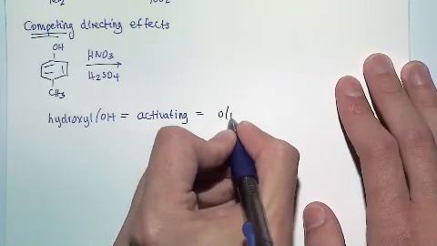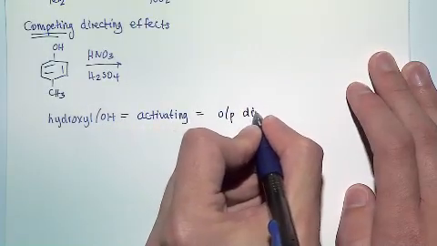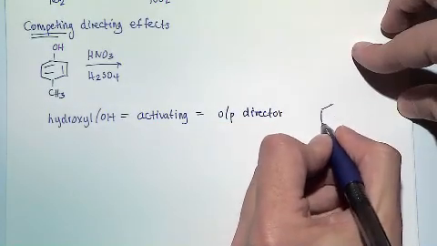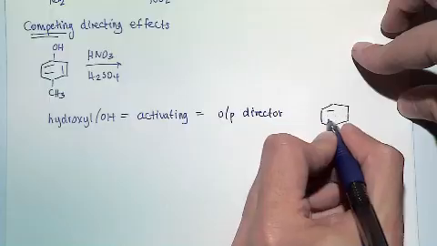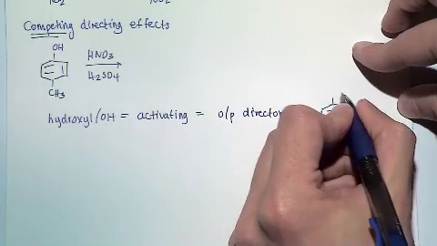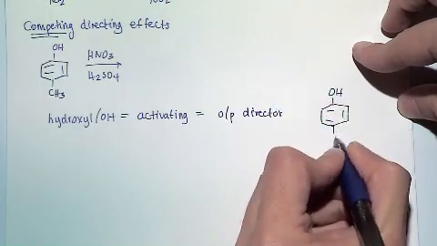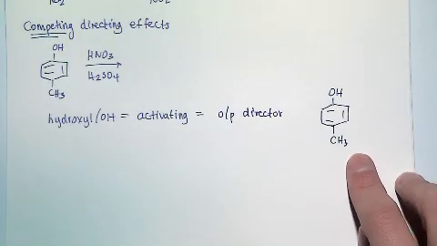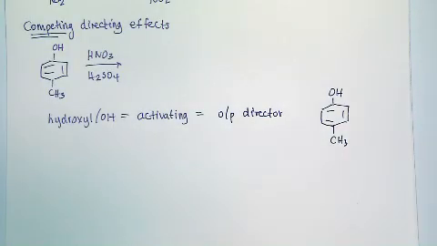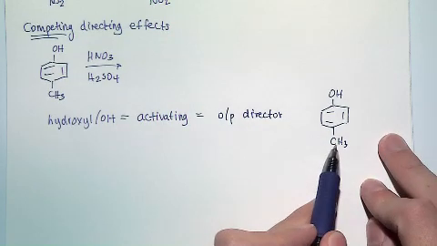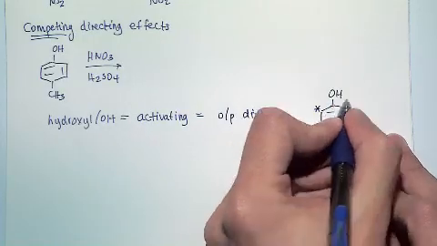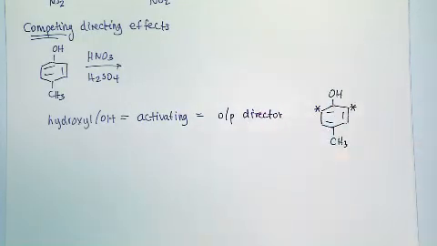And so that means it's going to be an ortho-para-director. So, again, we've got a case where the ring is para-substituted, and so the OH group is not going to function as a para-director because that group's blocked. So it's going to be an ortho-director.